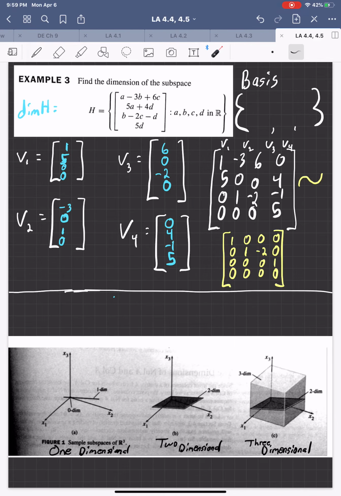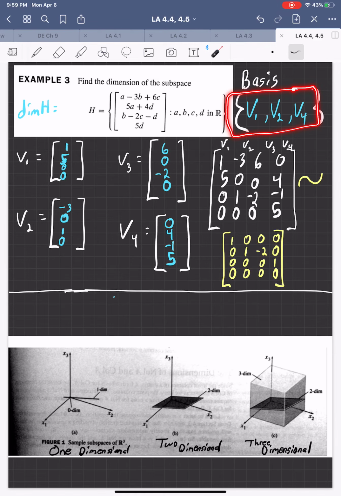So in other words, V sub 1 is part of the basis, as is V sub 2, as is V sub 4. V sub 3 is not a pivot column. It is a free variable. So if you want to maintain linear independence, then you're going to have to throw that out. Okay? So now we have our basis for H.